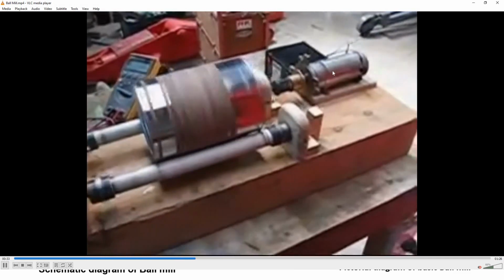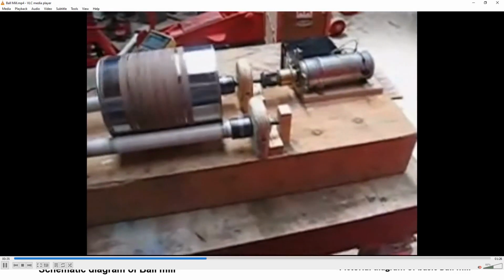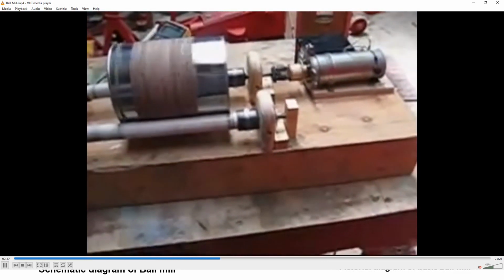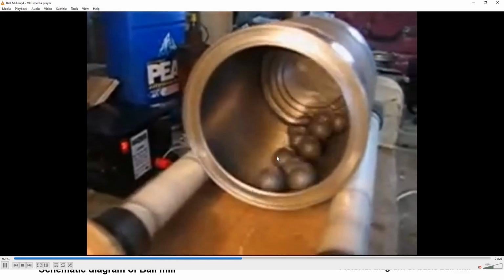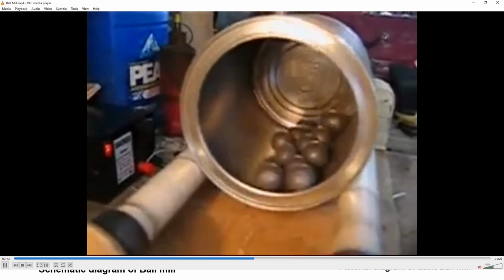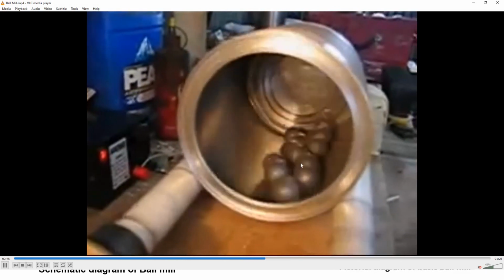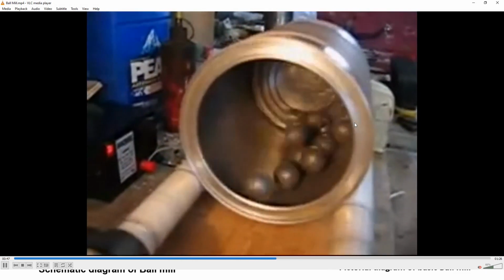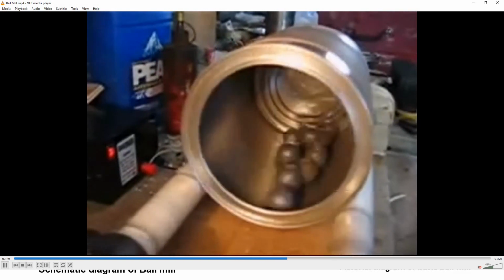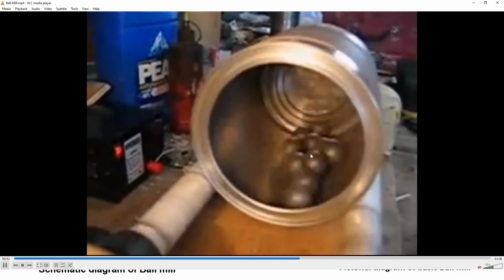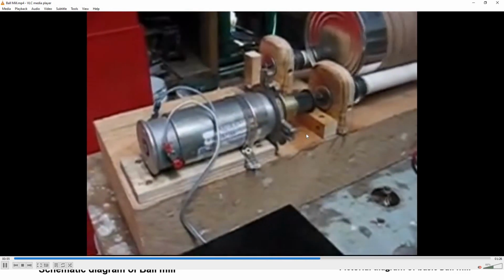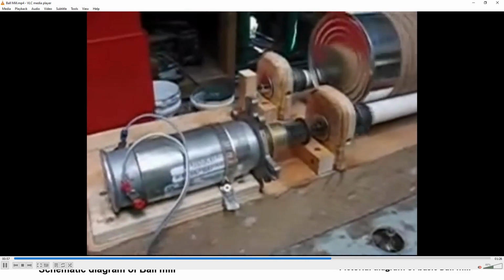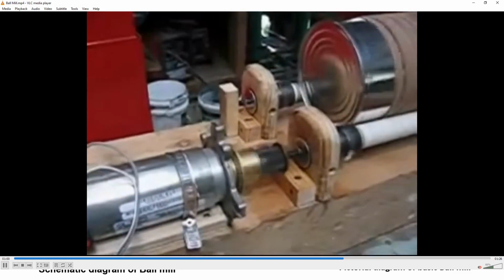You can set the RPM, and you also have control over filling up the balls. Generally, in normal cases, this vessel is half filled with balls, so you can effectively crush down the particles. This is how it rotates, and these balls eventually help us break the bigger parts into smaller pieces.